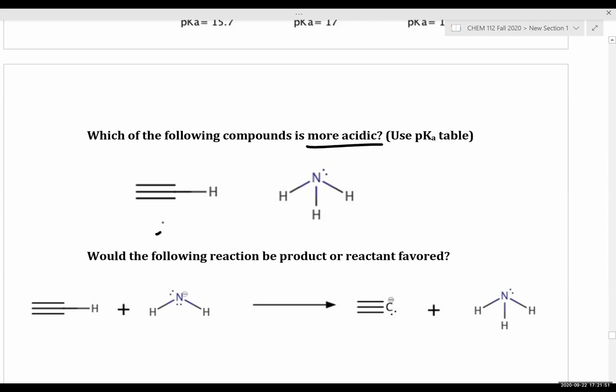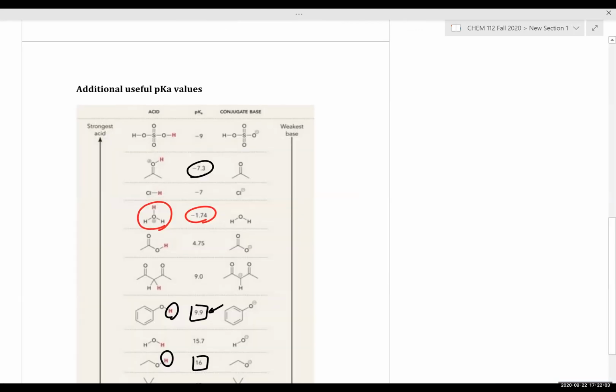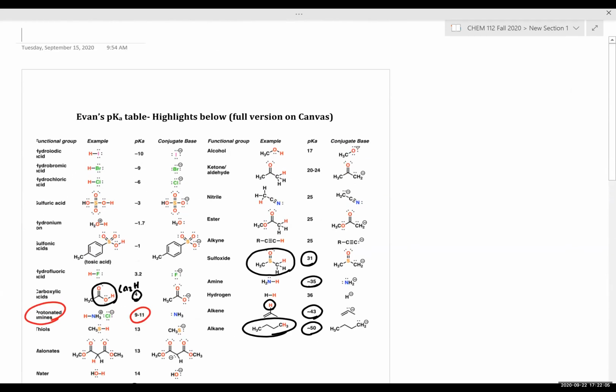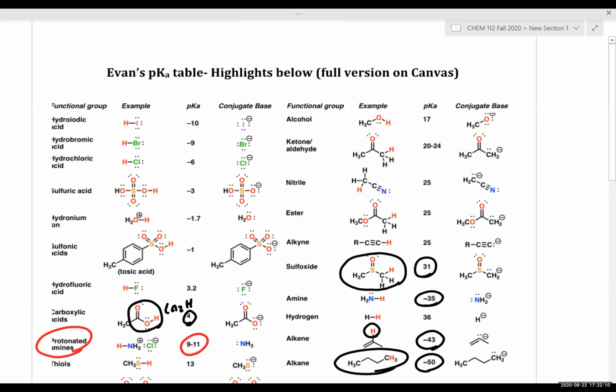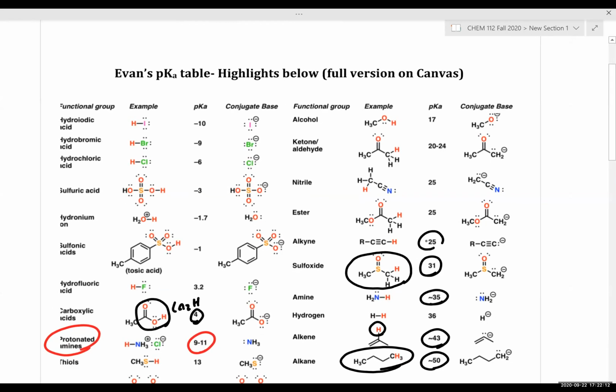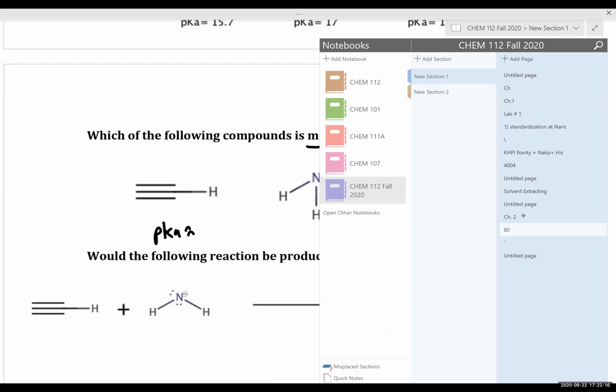We know from our pKa table, what is the pKa of acetylene? So if we go to our pKa table and we find acetylene, everyone has a copy of their pKa table. An alkyne proton has a pKa of around 25. Okay?